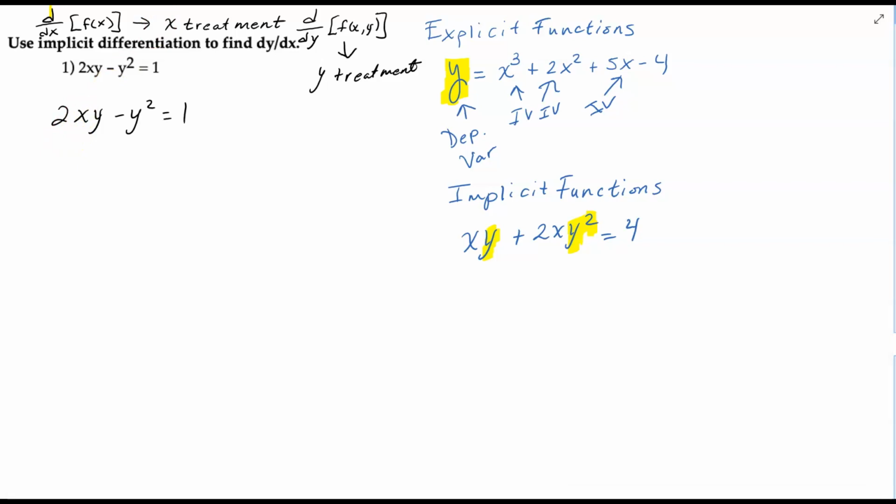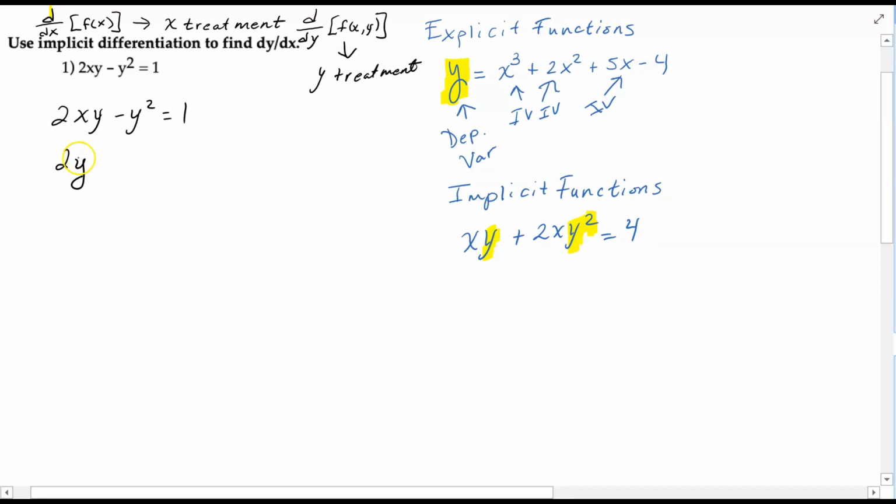So if I look at 2xy, my variable there is x, so taking the derivative with respect to x, I'm left with 2y, because I dropped the x.